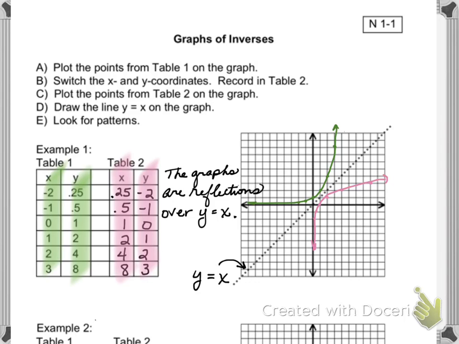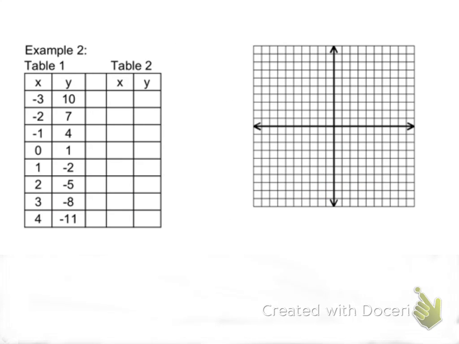Okay. Now let's look at our next example, example 2. We want to do the same thing. So we're going to take these lines and plot the first one, and then we're going to swap the points and plot the second one.